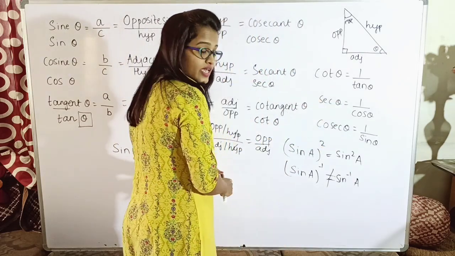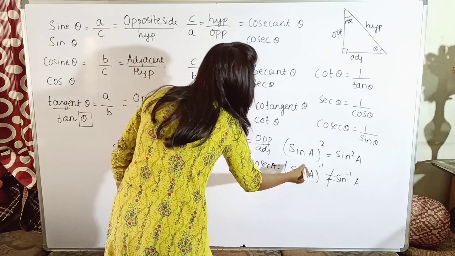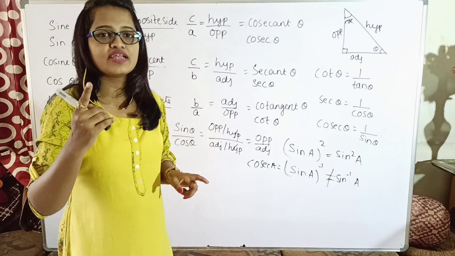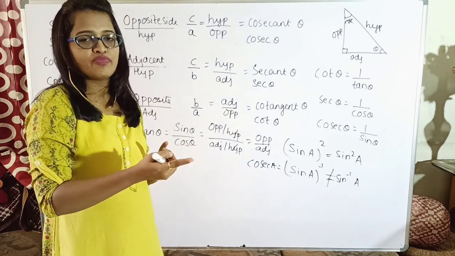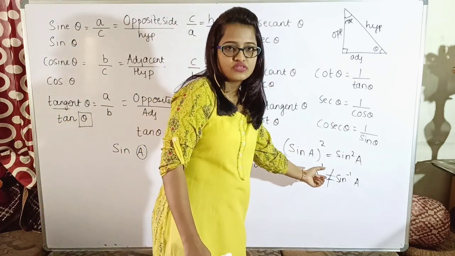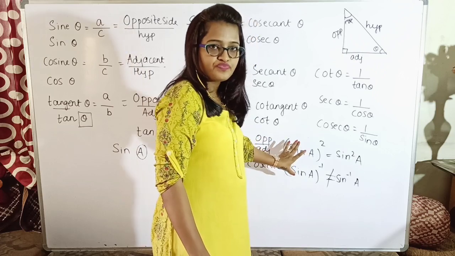Yes, it is cosec A. So cosec A is nothing but the inverse of sine A. So you have to write it as sine A to the power of -1. You cannot write it as sine to the power of -1 and then A, because these two are different values. Okay, so I hope you understood the difference between these two.